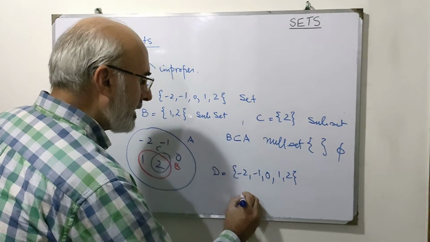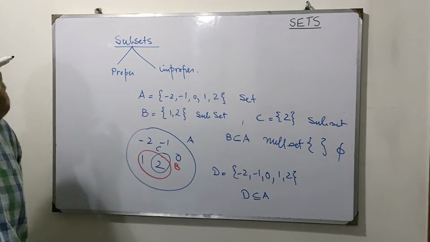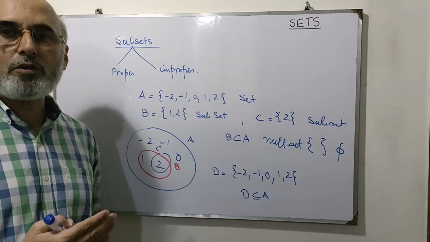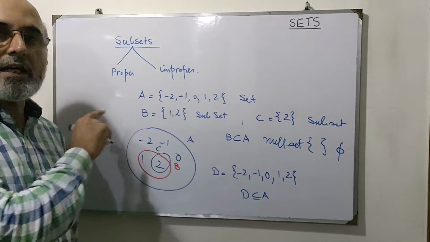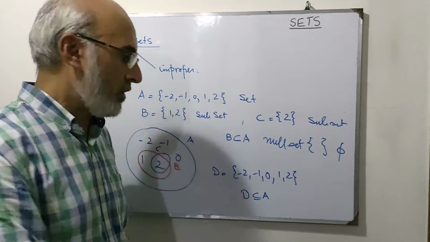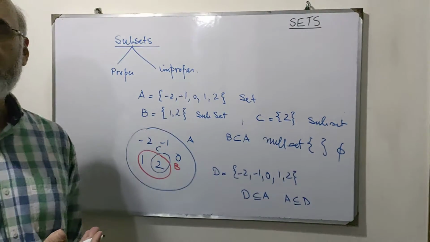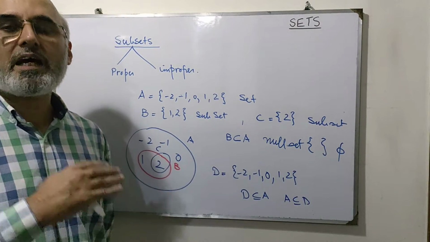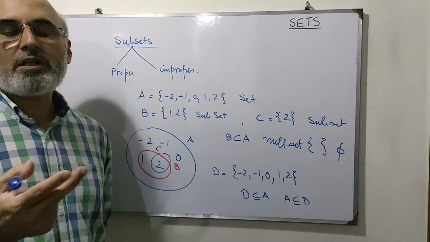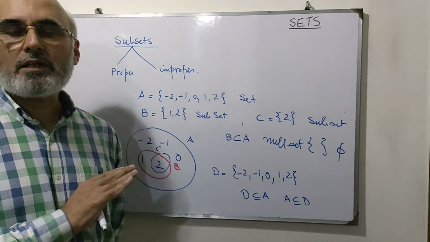So D is an improper subset of A because it contains all the elements of A. Now we can say A contains D, or we can say D contains A, because both have the same elements. So both the sets are subsets of each other. So this was briefly about the subsets.